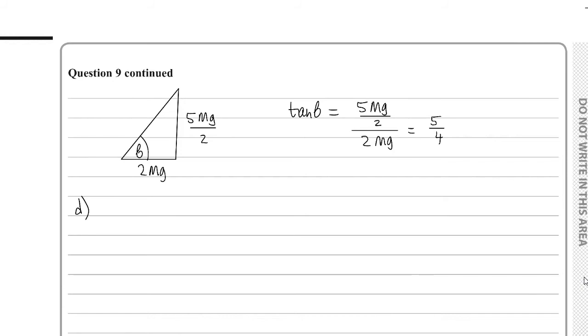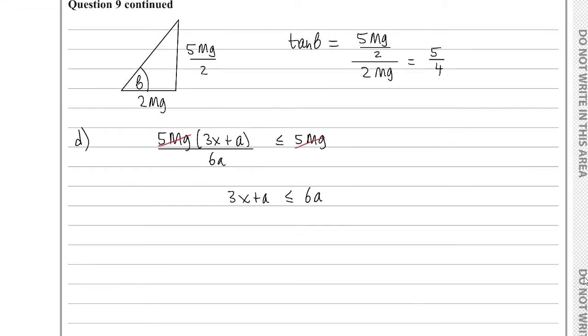So we can start off by saying 5 mg 3x plus a over 6a has to be less than or equal to 5 mg. Now the 5 mg's go away, and therefore this leads to 3x plus a less than or equal to 6a, or simply that x must be less than or equal to 5a over 3.